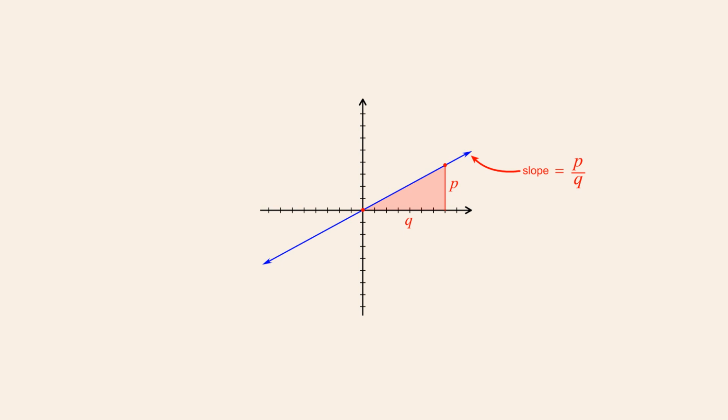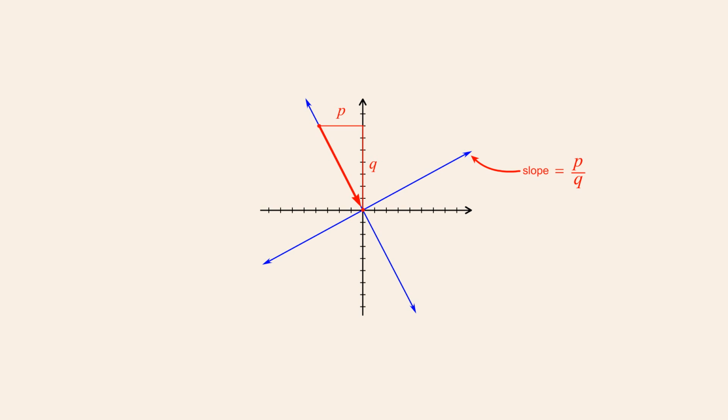Now let's create a second copy of this diagram, rotated 90 degrees counterclockwise. Since the copy of the line is rotated from the original line by 90 degrees, the two lines are perpendicular. For the second line, the slope can once again be calculated from the difference in vertical positions divided by the difference in horizontal positions as we travel from the left point to the right point.